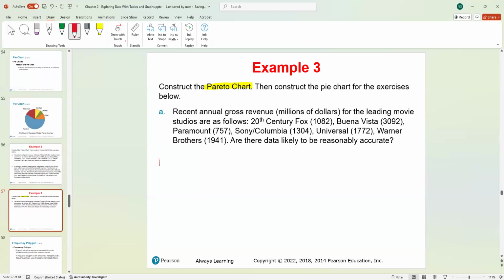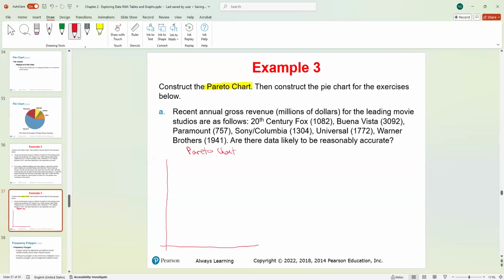So we know Pareto chart. Oops, sorry, I'm going to put a very straight line. Let's do it here. Remember, our goal here is to construct a Pareto chart.